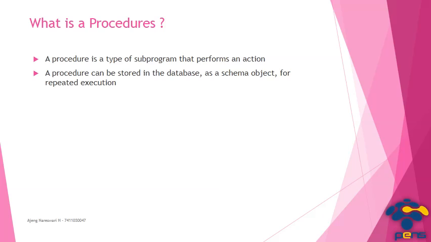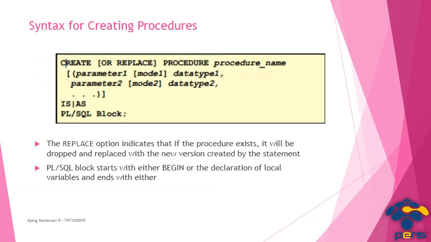And then, what is a procedure? A procedure is a type of subprogram that performs an action. A procedure can be stored in the database as a schema object for repeated execution. Syntax for creating procedure.